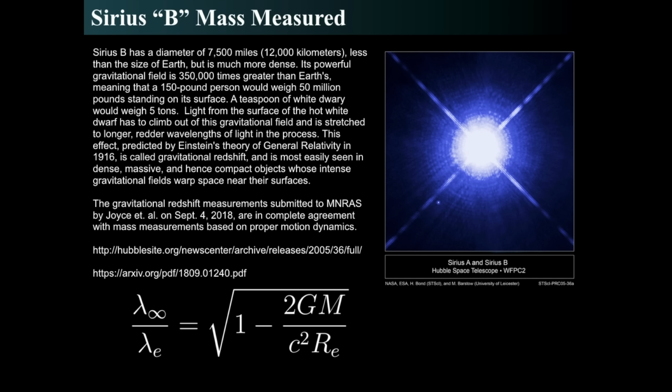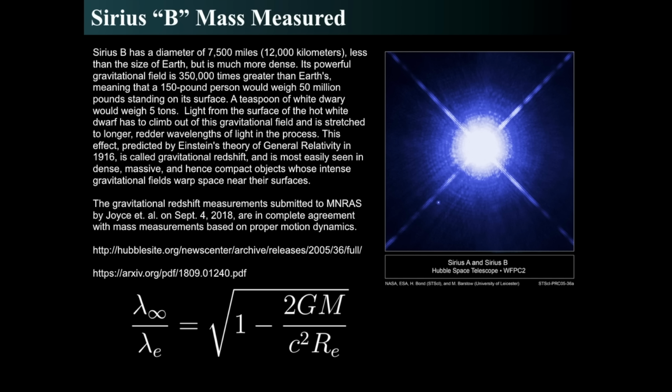So you can measure the mass of the object knowing its physical size by some hook or crook, meaning you have some radius measurement from, say, imaging, and then by determining the spectrum of it, you can determine the wavelength that you observe it at, and you know the wavelength it was emitted at, and it allows you to determine the mass of the object. So this is how we know that the mass of Sirius B is 1.02 masses of the Sun, by looking at the gravitational redshift of the light coming out of it.